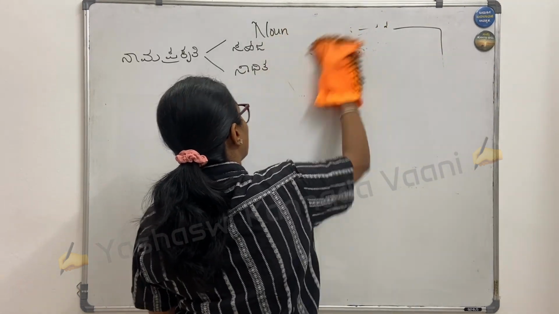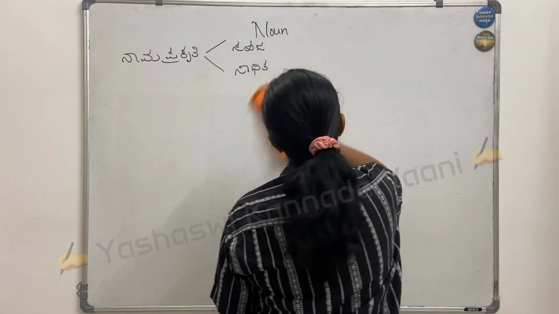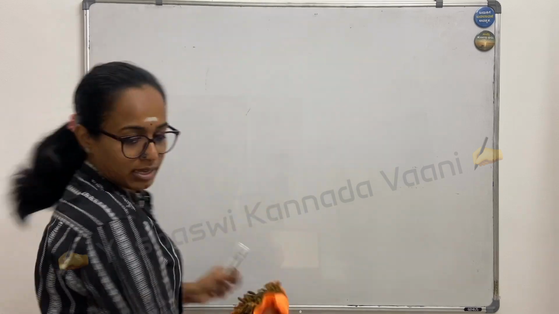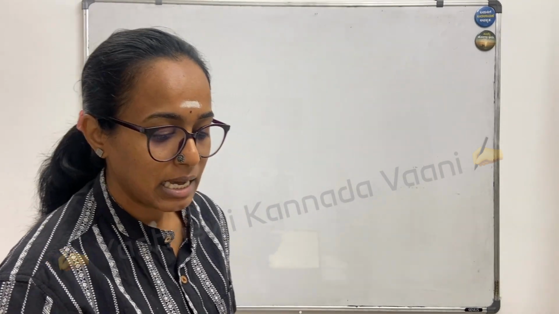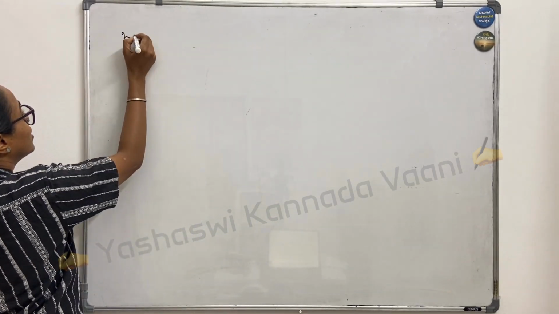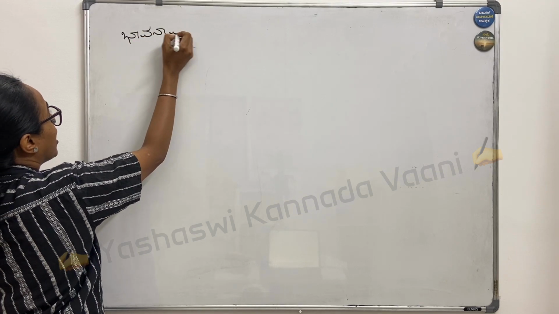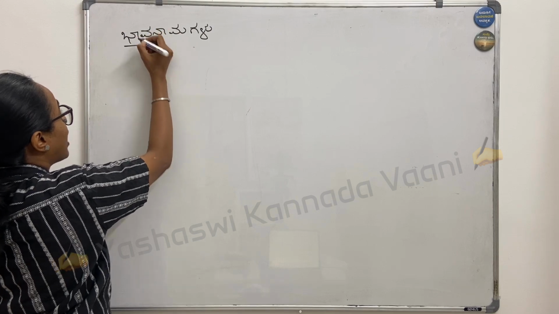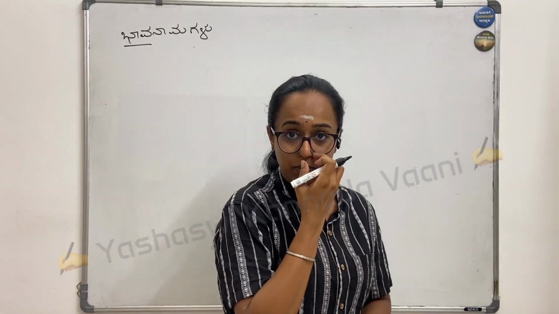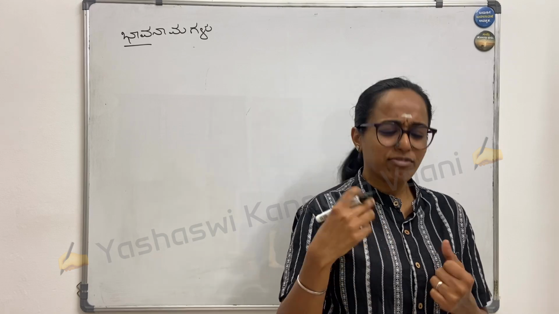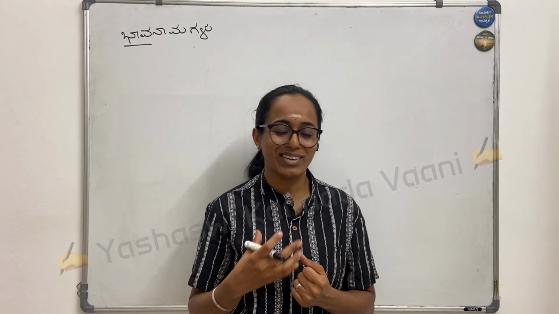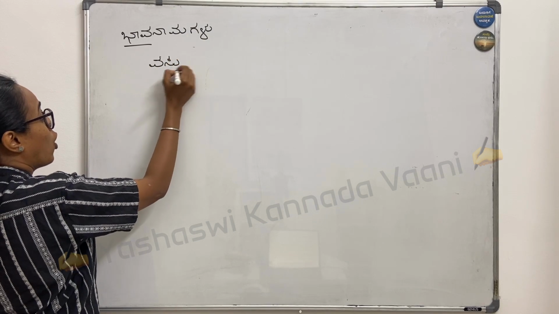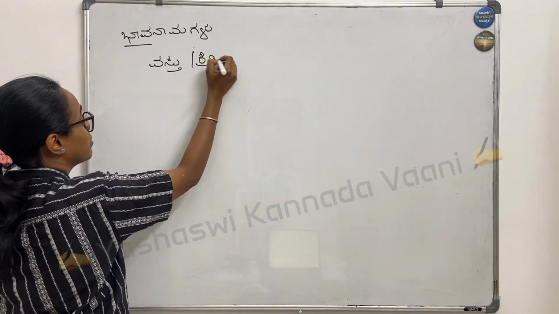In the remaining 5, we will be looking into 4, and the last one is a separate topic. Fine. So the next one is Bhavanamagalu. Bhava, or bhavane, means the emotion or the feel. So here the feel has to do with something: vastu, that is a thing, or the create, that is a verb.